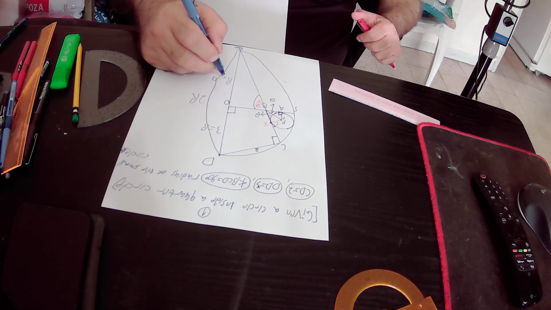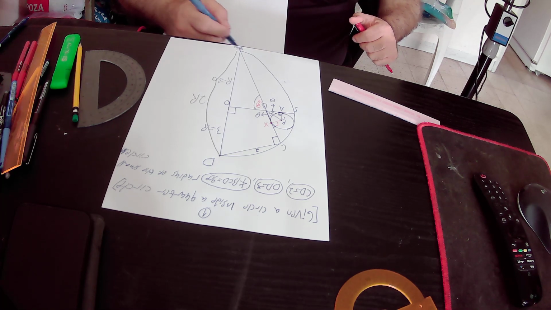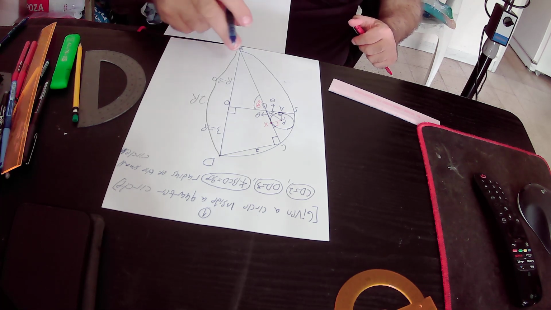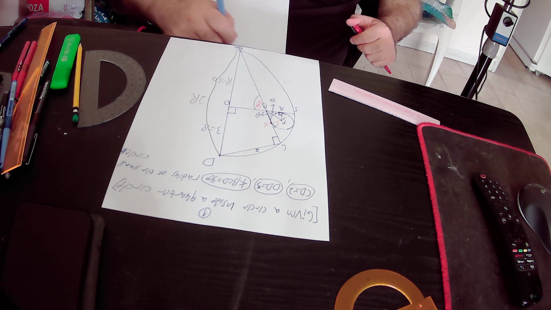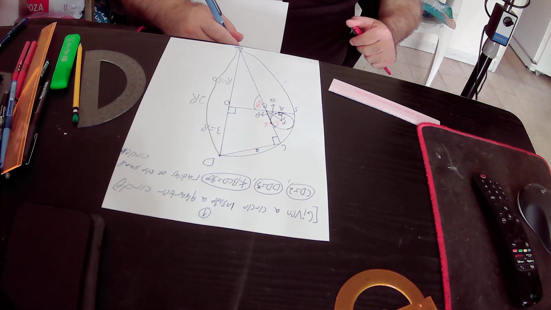And we know that the radius of the semicircle equals 3 units. So we know that DE is the diameter of the semicircle. Therefore, DE is a straight line.